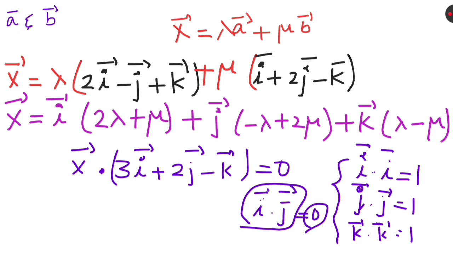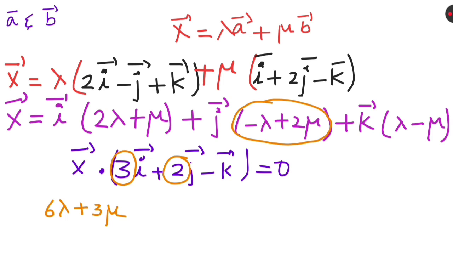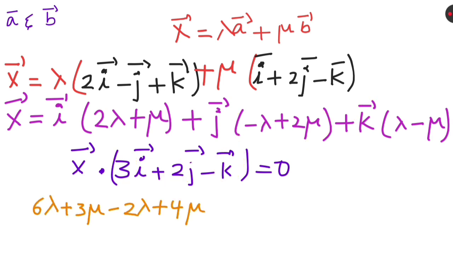So apply this property here, then we are going to get, here we have 3 times 2 lambda plus mu, which is 6 lambda plus 3 mu. Another one, j times j, that means 2 times minus lambda plus 2 mu, which is minus 2 lambda plus 4 mu. Now we have k times k. What we have here?